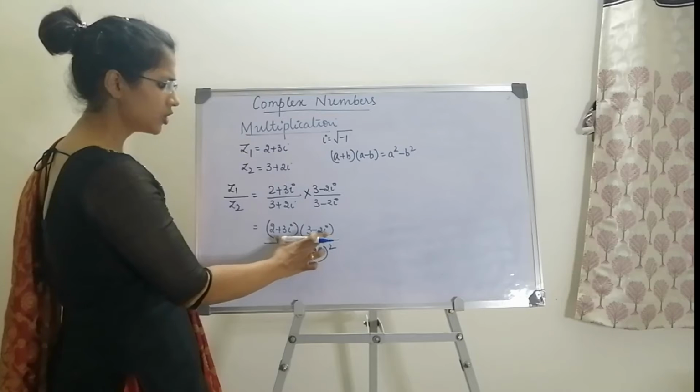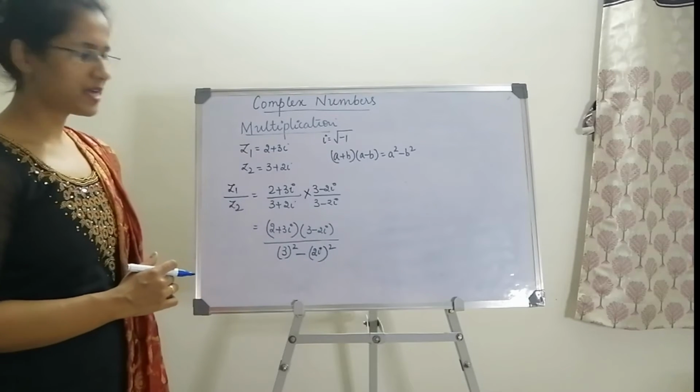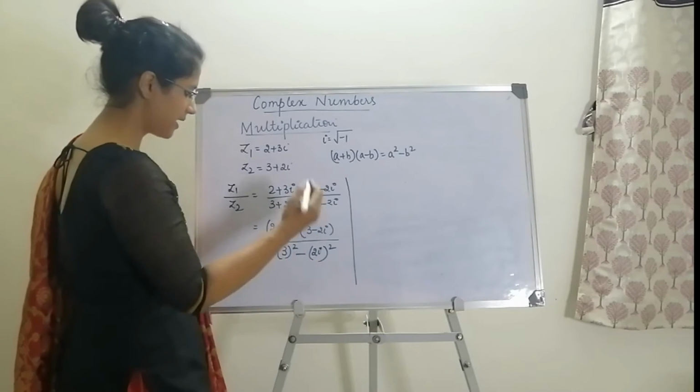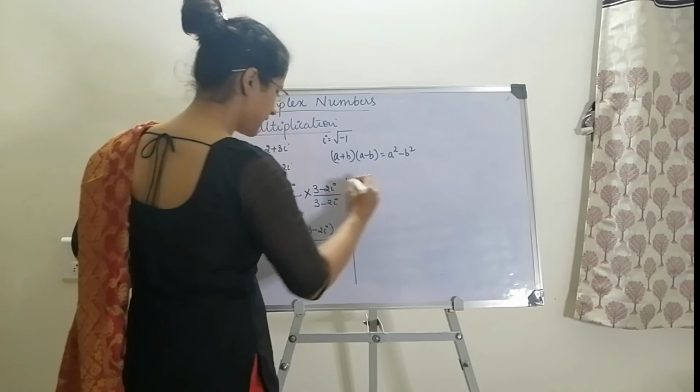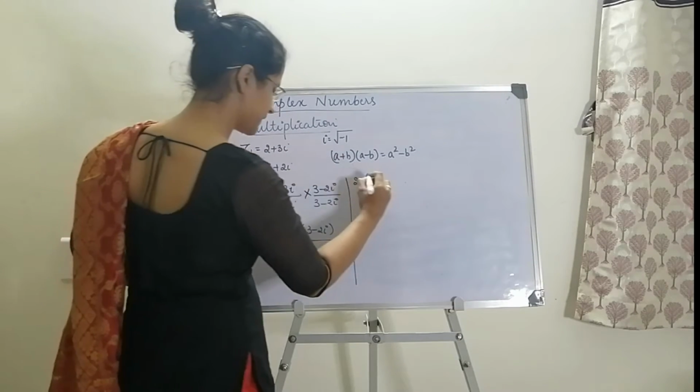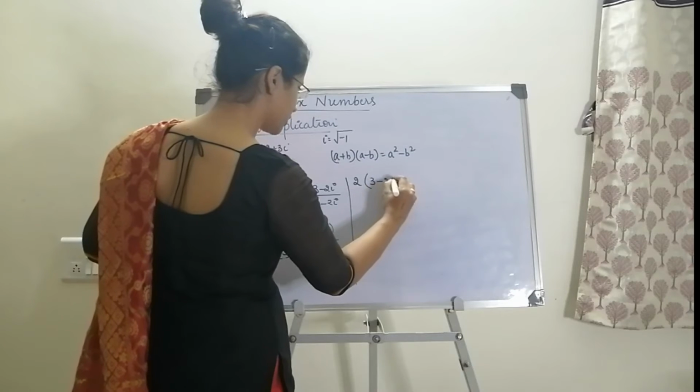Now again, the numerator resembles binomial multiplication, so I will start multiplying the terms. The first term of the first bracket is multiplied with the entire second bracket, 3 minus 2i.